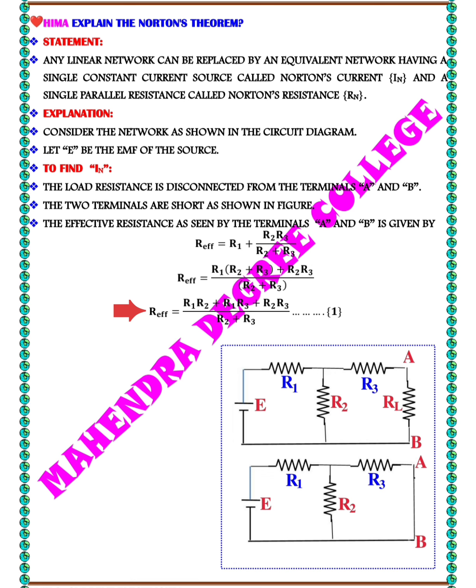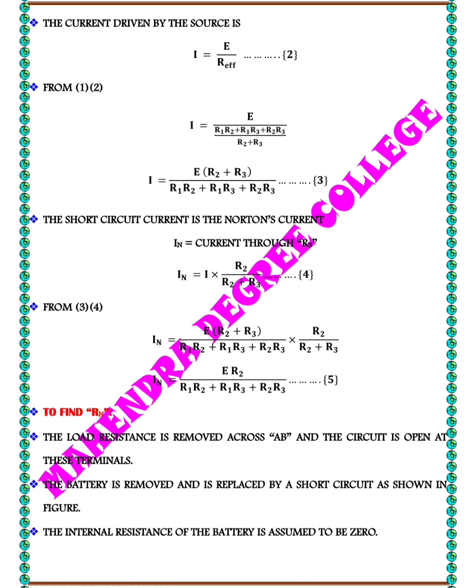Finally, effective resistance equals R1 R2 plus R1 R3 plus R2 R3, whole by R2 plus R3. This is equation number 1.